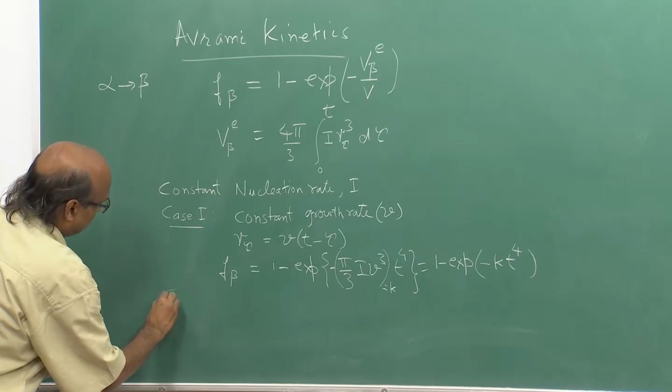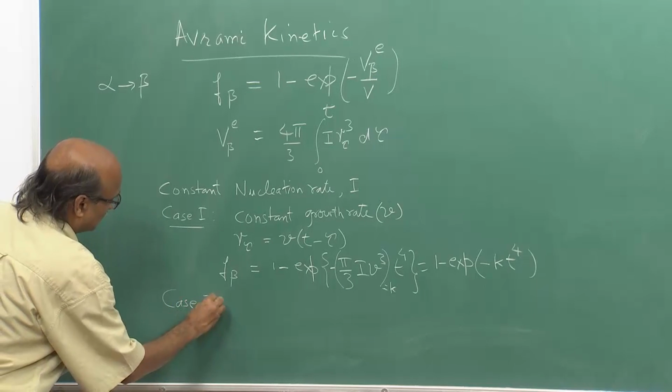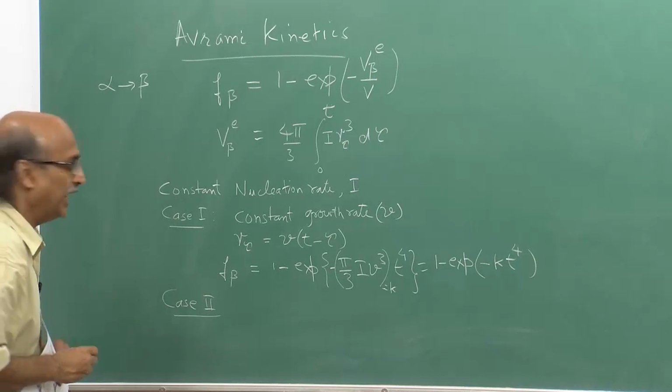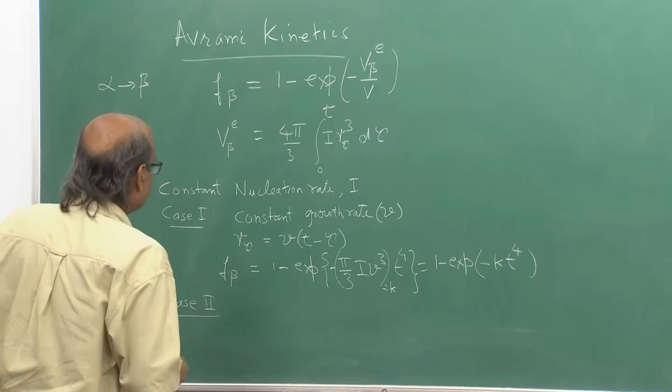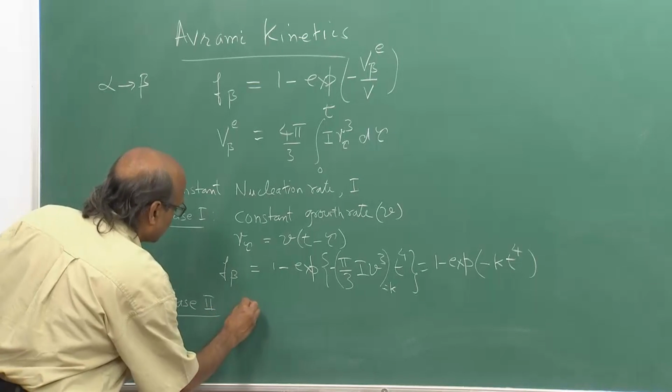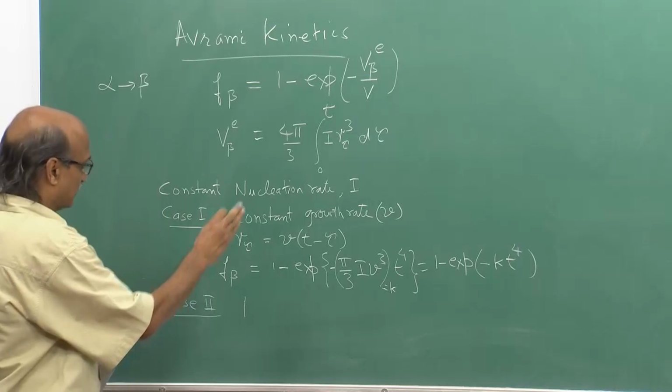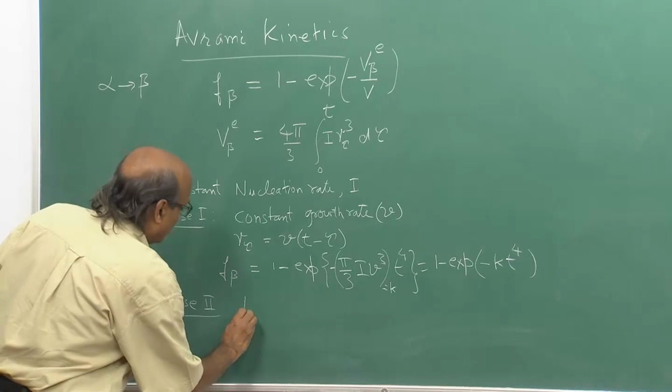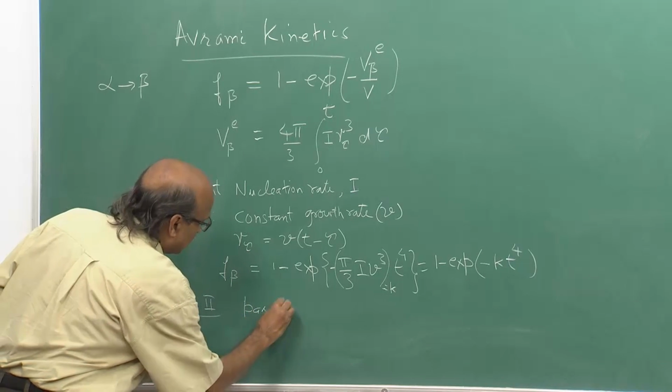Similarly, case 2 was considered, and in the case of case 2, nucleation rate was parabolic. No, sorry, nucleation rate is still kept constant. We have parabolic growth rate.